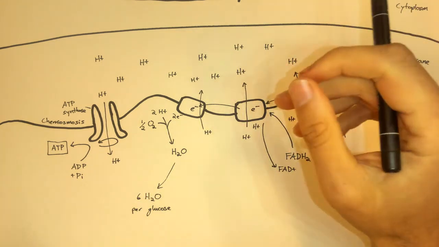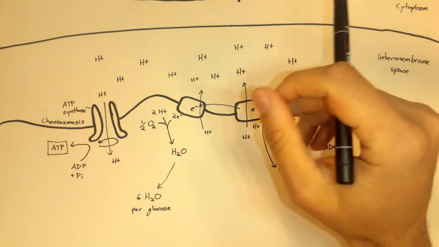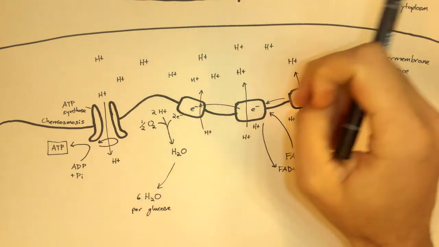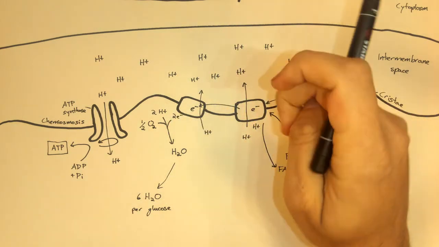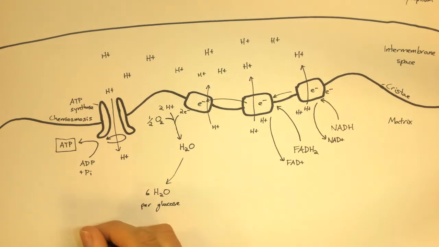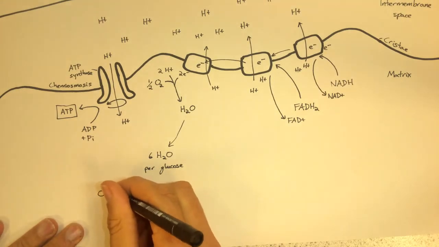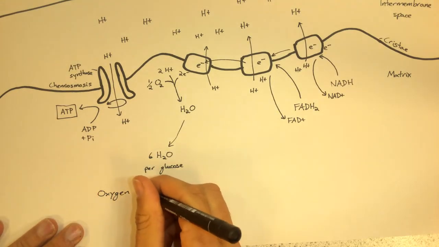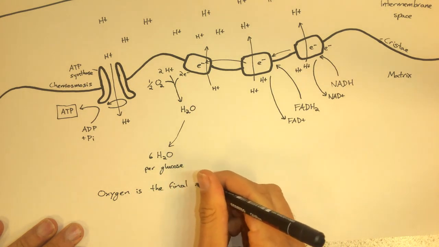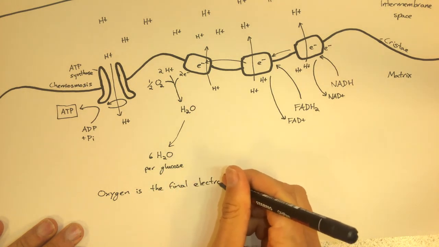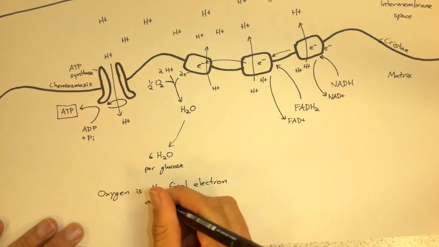And in GCSE biology or in earlier studies, you may have known that oxygen was important for respiration. Well, here it is. This is its job. What? Oxygen is the final electron acceptor.